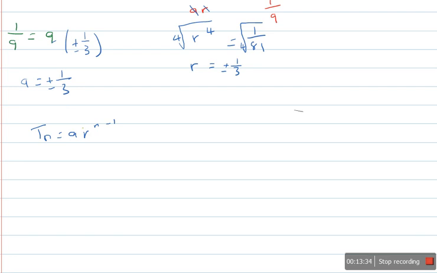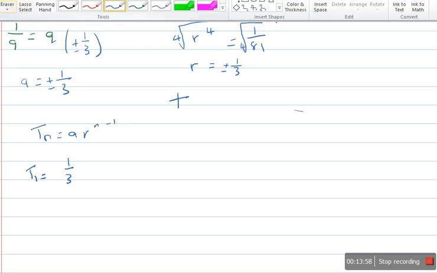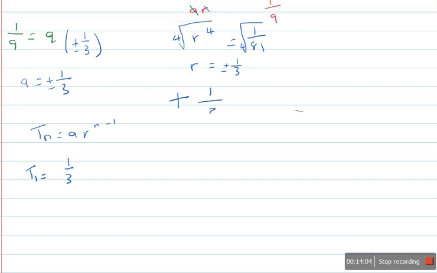If A is positive and R is positive, it will be positive as well, right? So your terms will come out: T1 will be equal to A, and that is 1 over 3. Last we did with a positive R, positive 1 over 3. Positive 1 over 3, so we get A positive and R positive.